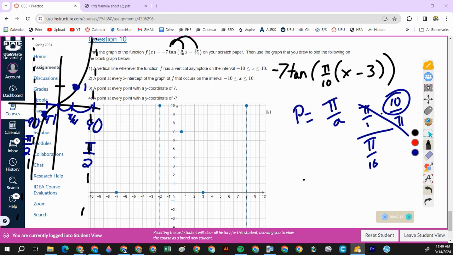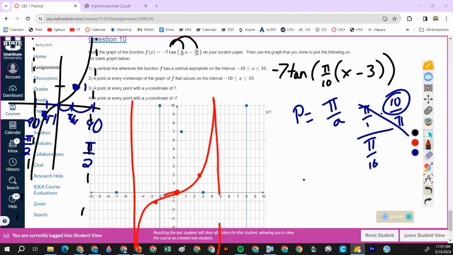Pi's cancel, and my period is 10. So on the graph, I'm going to go left 5 and right 5, and those are my asymptotes. My center is here. Halfway in between the center and the asymptote, the value is 1. Halfway between the center and the asymptote, the value is, oh, did I miss that? Yeah, I missed. Because it's a 5, so it should be 2.5. Right there.